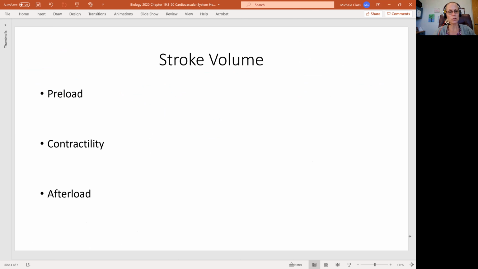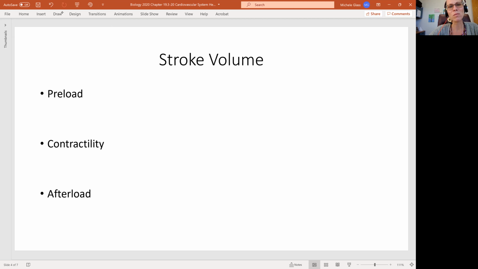our stroke volume. So we're going to see that there's actually three major characteristics or features that are going to be influencing our stroke volume. So we have what's described as preload, which we've mentioned a little bit, what's described as contractility, which we've talked about a little bit, and what's described as afterload.